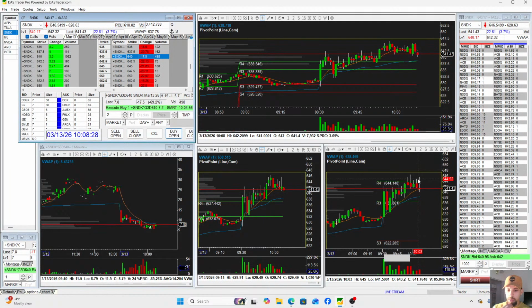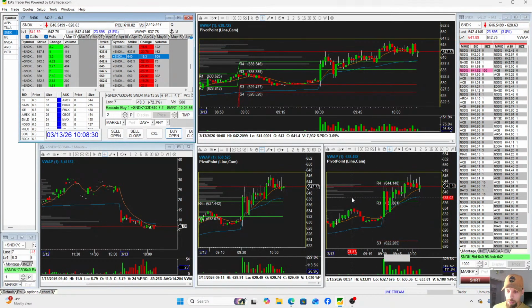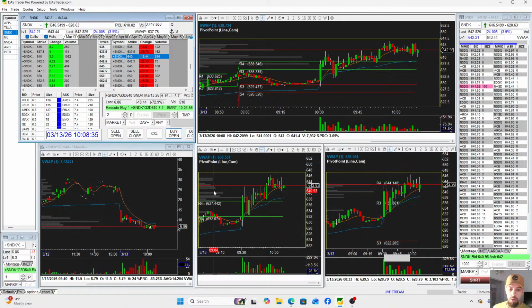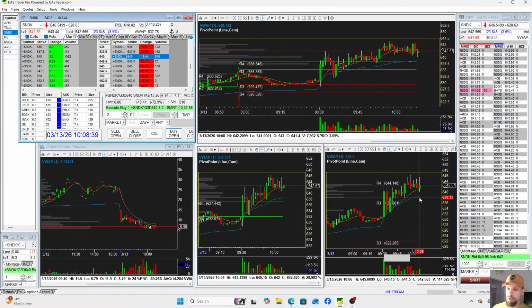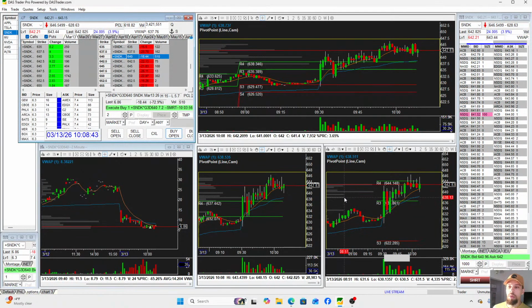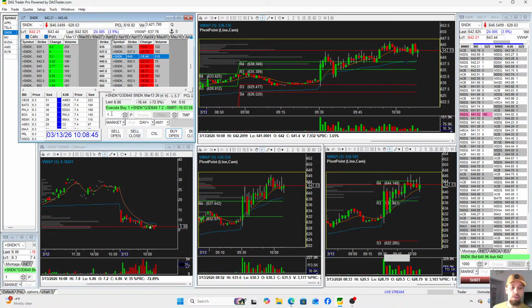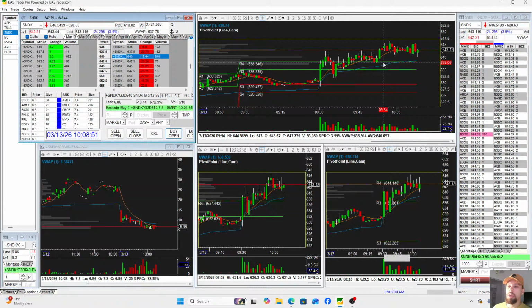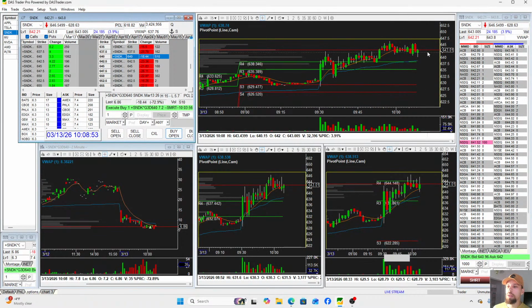Looks like we may pull back to VWAP. If we can get down to 638, that's the low of this liquidity range, that would be sweet. So just below VWAP on the 1-minute, if we can get to 638.